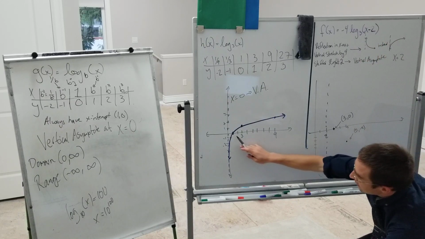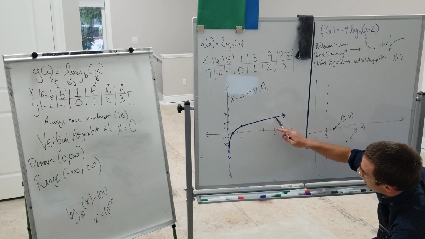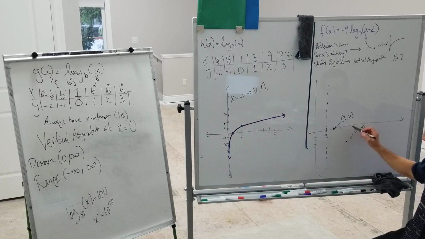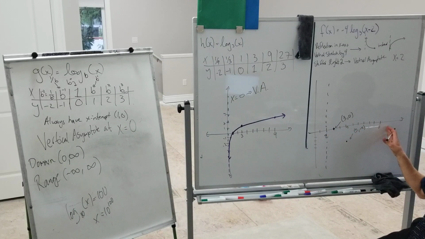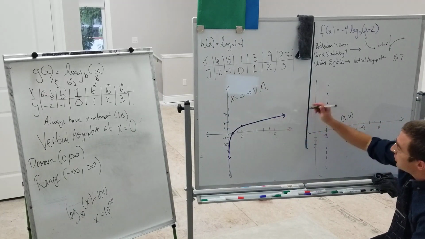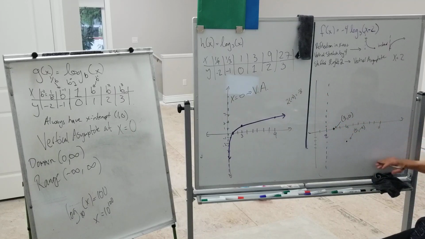All right, next, if I go from the asymptote 9 to the right, I go up 2. So I'm going to go 1, 2, 3, 4, 5, 6, 7, 8, 9. So from 2, that's going to be 11. So 9 to the right of the asymptote. Normally I go up 2. 2 times -4 equals -8. So I'm going to go down 8.